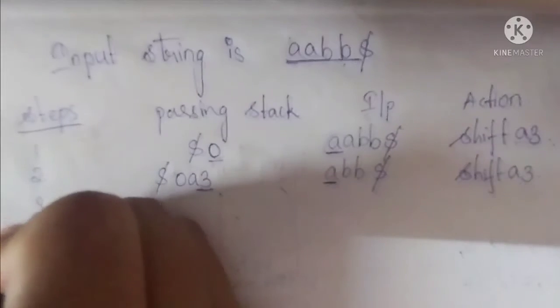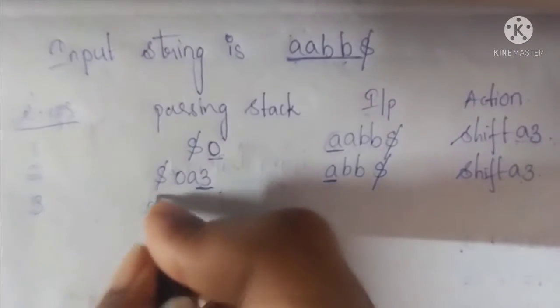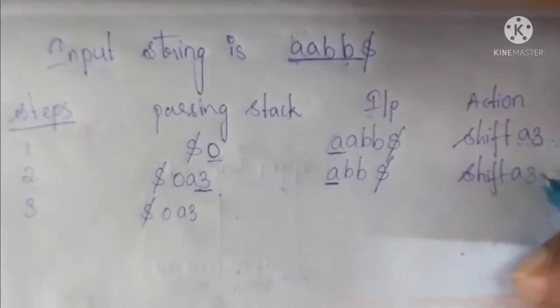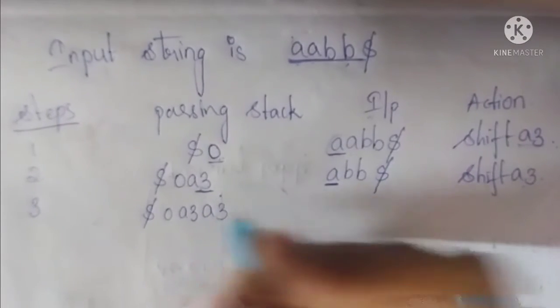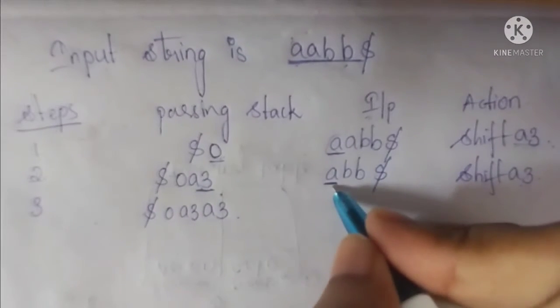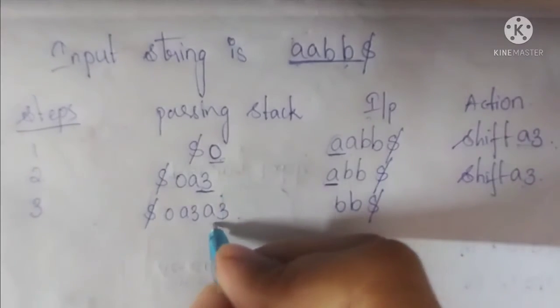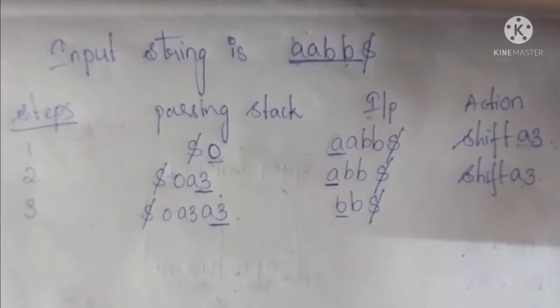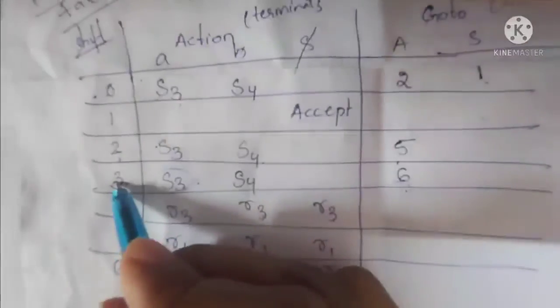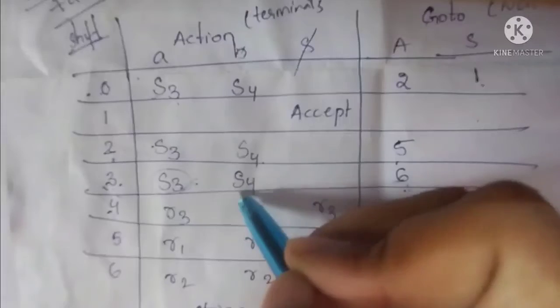So write step 3: $0 A3 A3, and this A3 should be shifted here. Next, this one is completed, so take BB $. Now check for I3 to B. I3 state to B is doing S4.